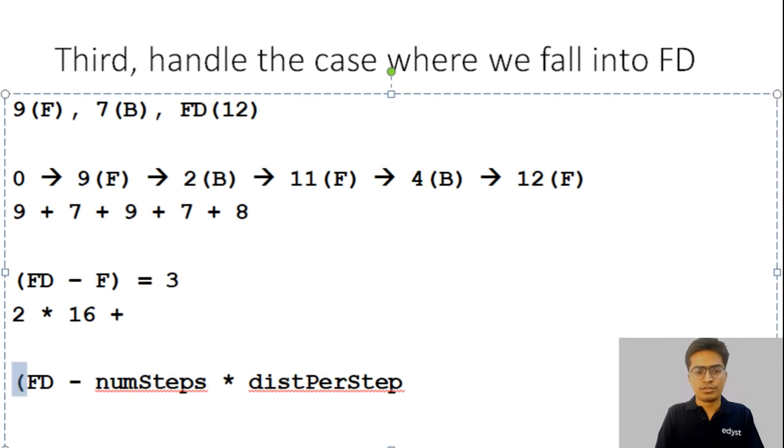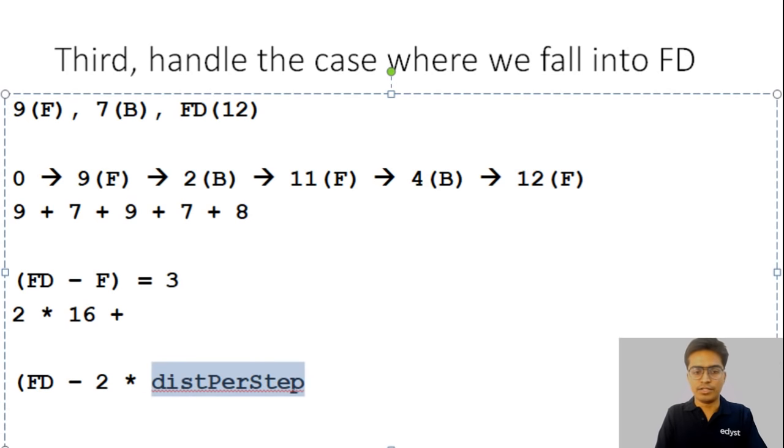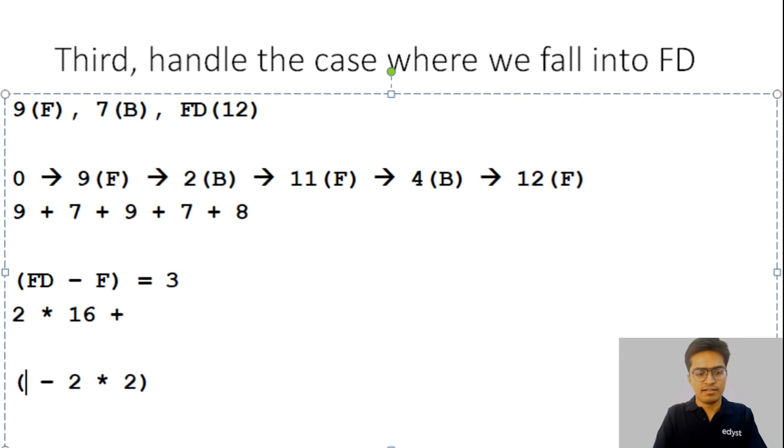So here, since the number of full steps would have been 2 and the displacement per step also turns out to be 2, we are currently at a distance of 8 units away from the ditch, which means in one step of 8 units we're going to end up falling into it. So that is what you would have put over here.